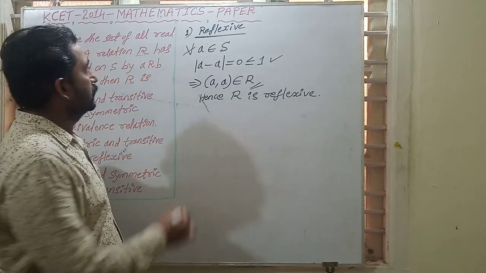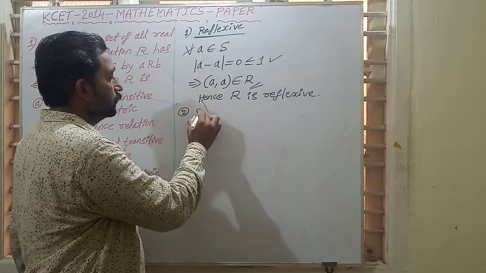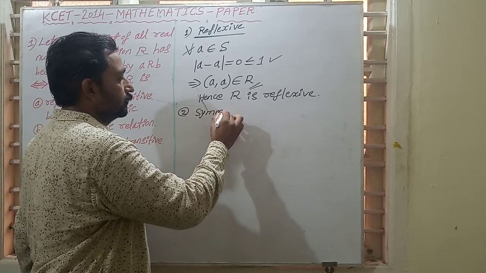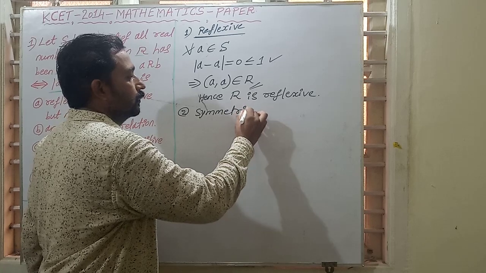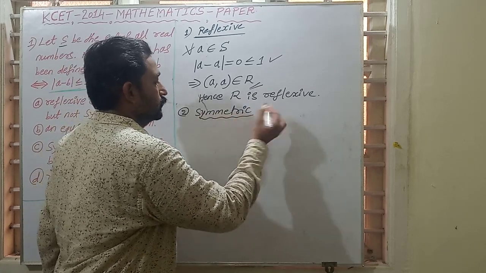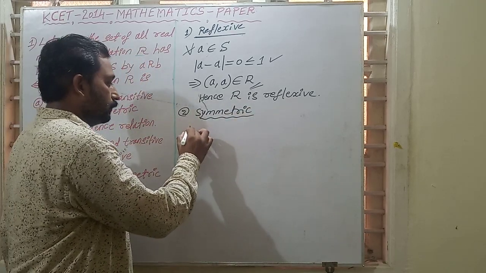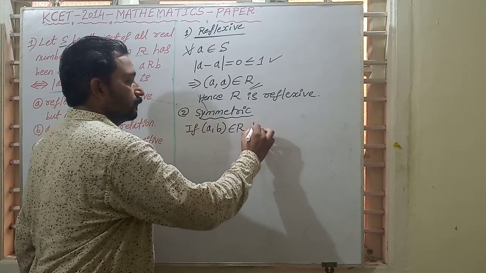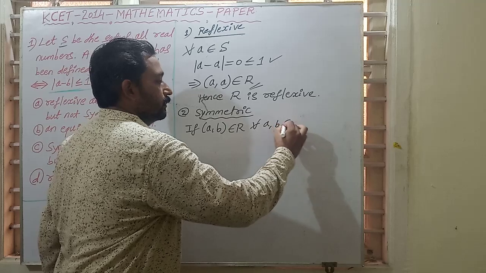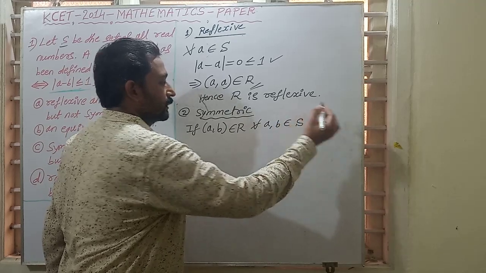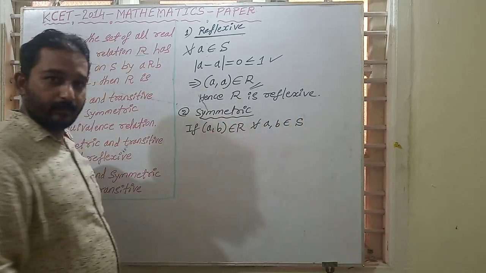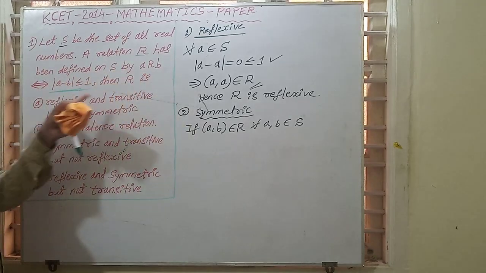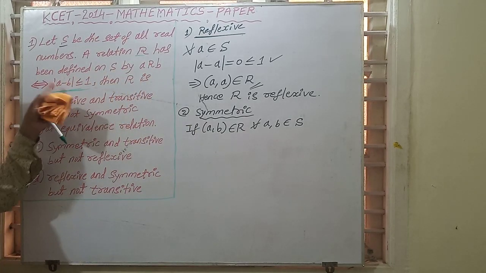So let us move on to the symmetric relation. If (A, B) belongs to R, for all (A, B) belonging to the set, yes. (A, B) belongs to R means what? A is related to B, nothing but modulus of A minus B less than or equal to 1.